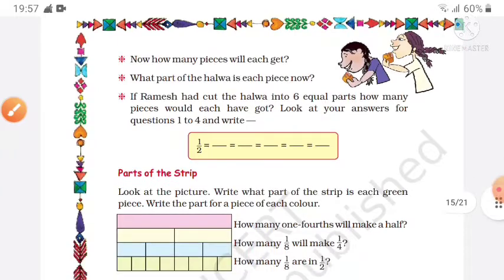Next, if Ramesh had cut the halwa into 6 equal parts, how many pieces would each have got? So each will get 3 pieces of halwa.